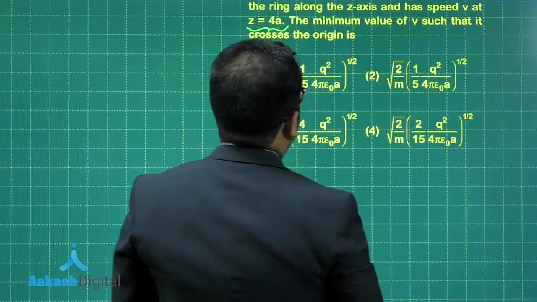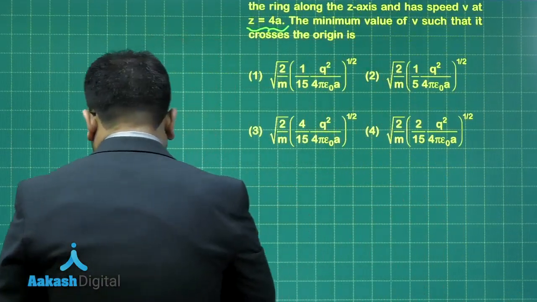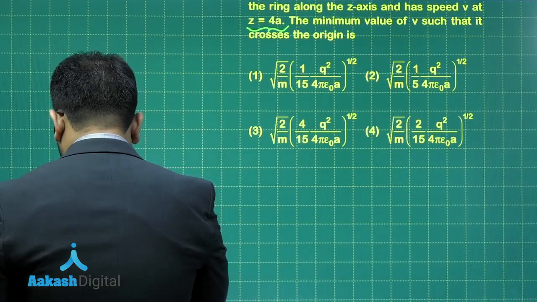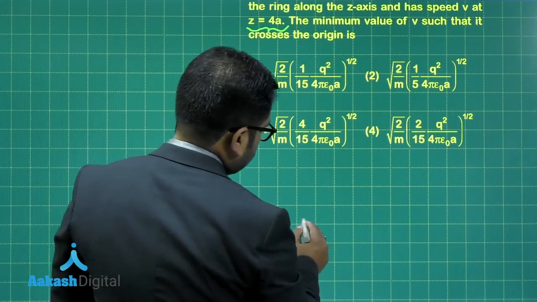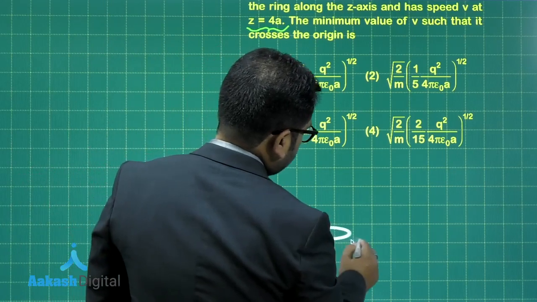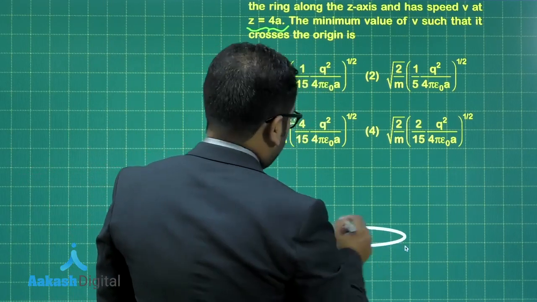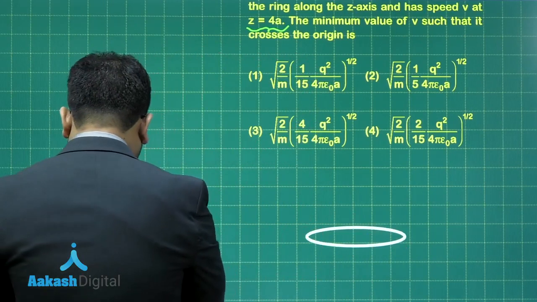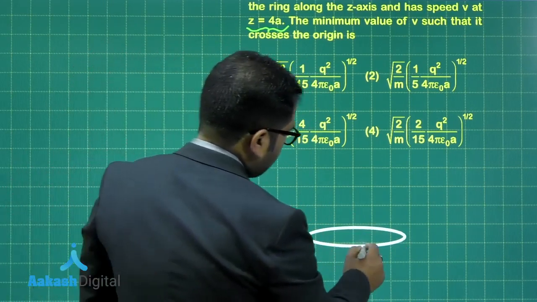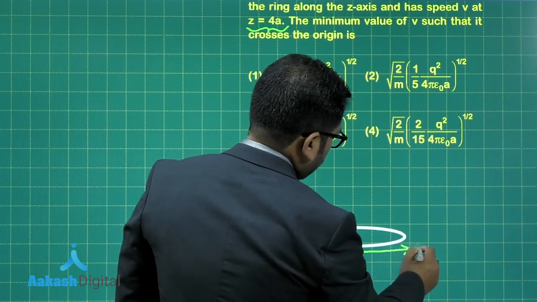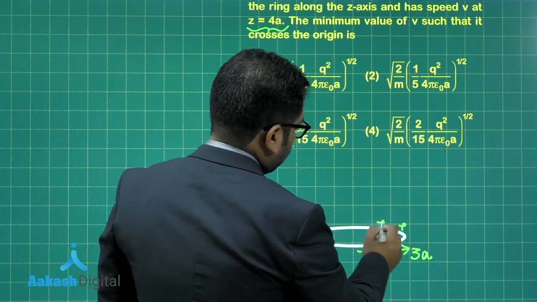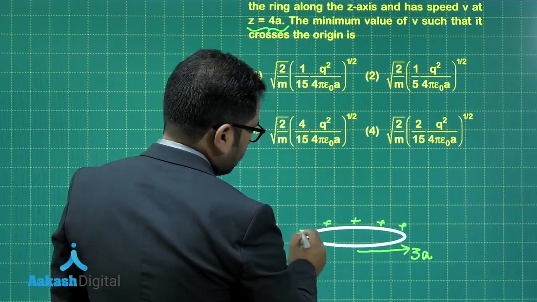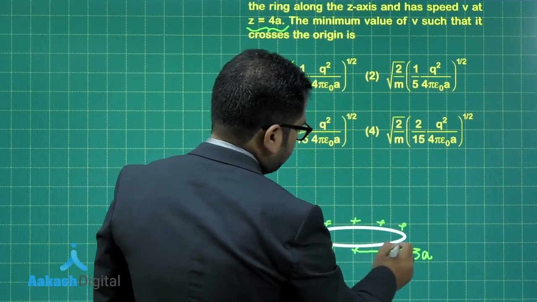Fine. So it's something like this. I'll try to show it with the help of a figure here. This is the ring, and the radius of the ring has been given as 3a. It's in the xy plane, and the total charge that the ring possesses is Q, distributed in this way.